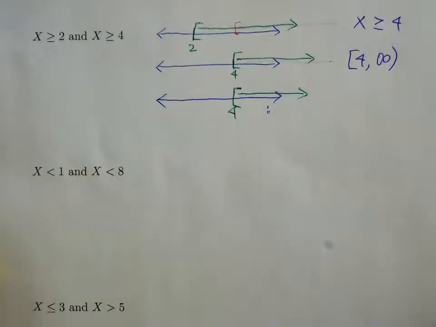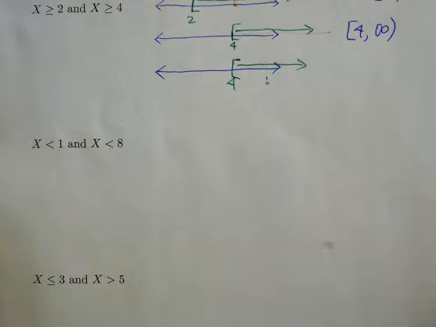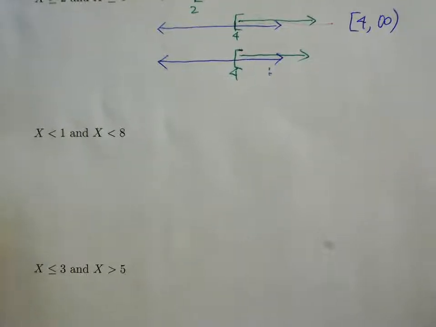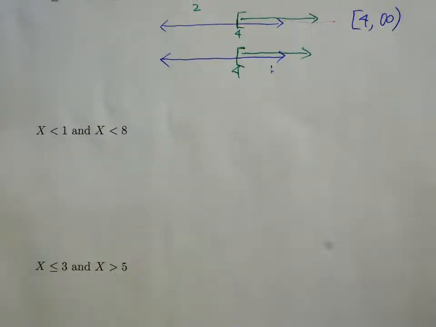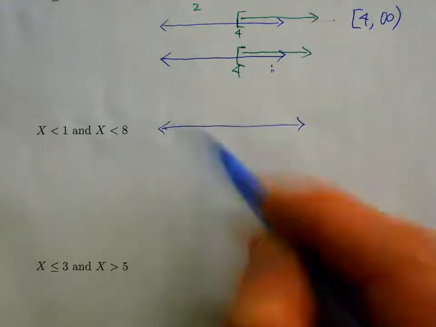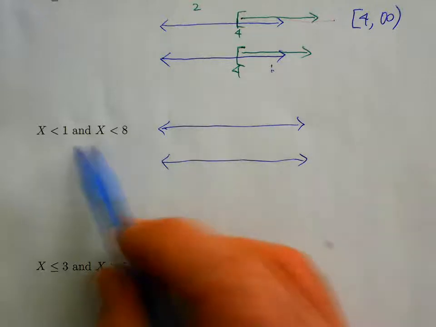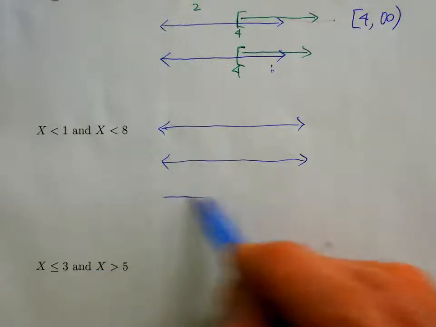Okay. The next one, x is less than 1 and x is less than 8. So we'll do the number line overlap method. Since and means intersection, that means overlap.